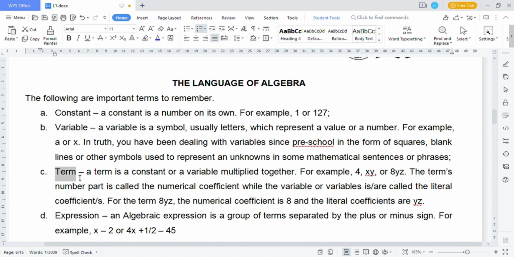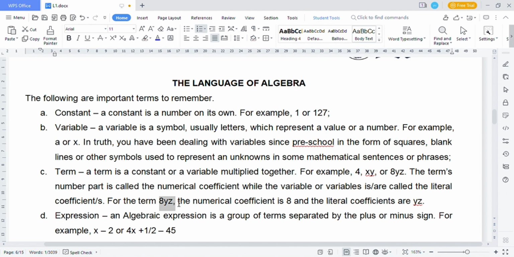Okay, next, term. A term is a constant or a variable multiplied together. For example, 4xy or 8yz. So the term's number part is called the numerical coefficient, while the variable or variables are called the literal coefficient or coefficients if many.